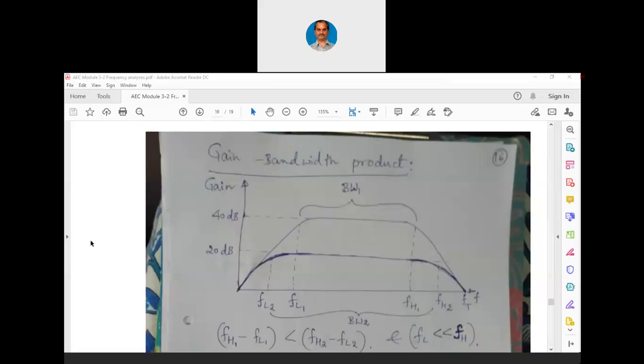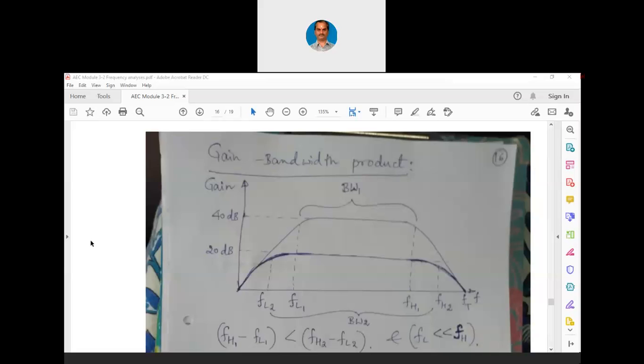But in general, what do we want? In general, we want the most out of any technology. If at all we have an amplifier which is going to have a GBP of, instead of 800 now, let us say 1000, 1200, 1400, maybe 2000, maybe 20,000, maybe 1 lakh.